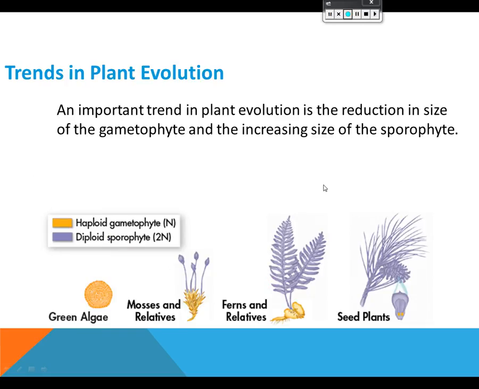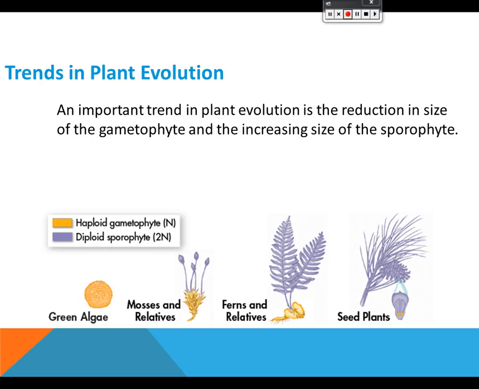Throughout the course of millions of years, these phases have gone through a change, where the haploid phase, little by little, has decreased in size. The diploid phase, little by little, pretty much at the same rate, has increased in size.